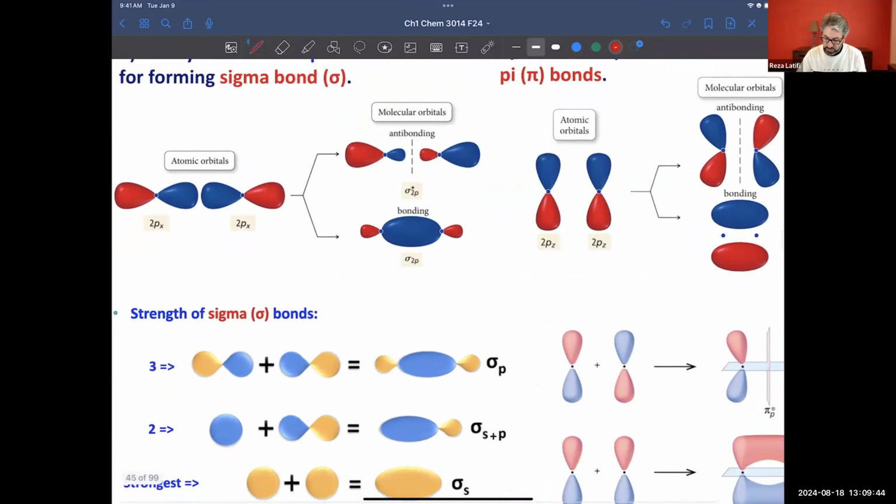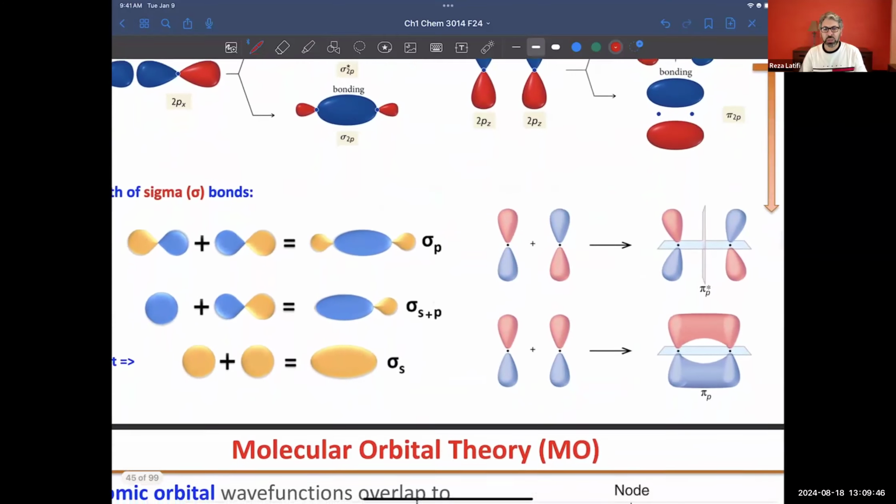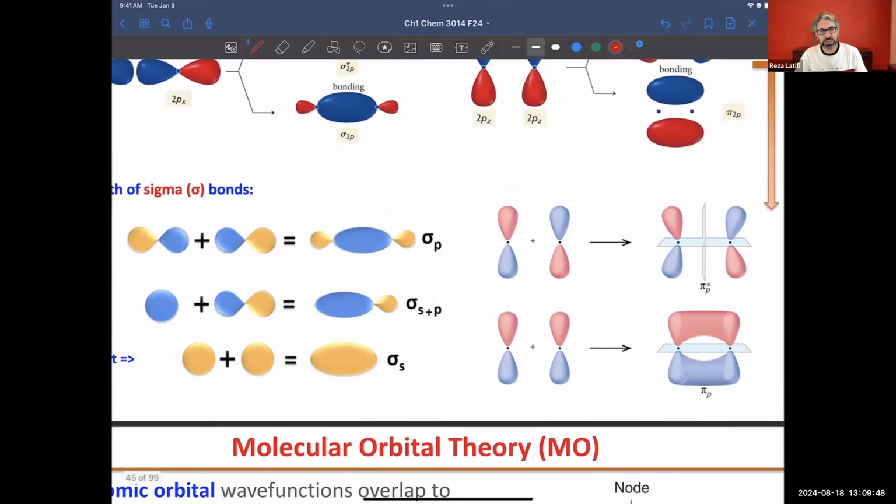If I add two pi orbitals, I can get a pi bonding interaction or an anti-bonding interaction. This is going to be the PP interaction, and that one will be the pi star PP interaction.